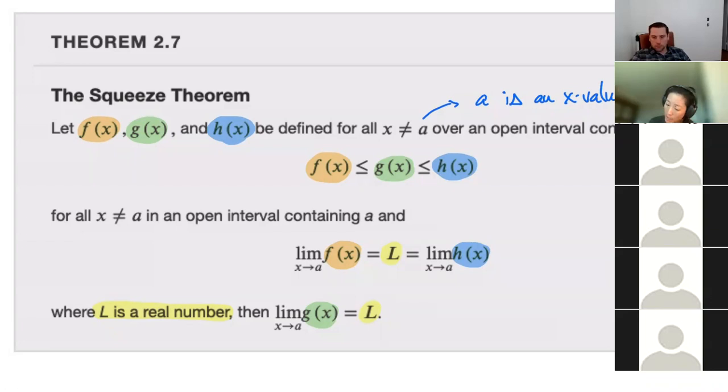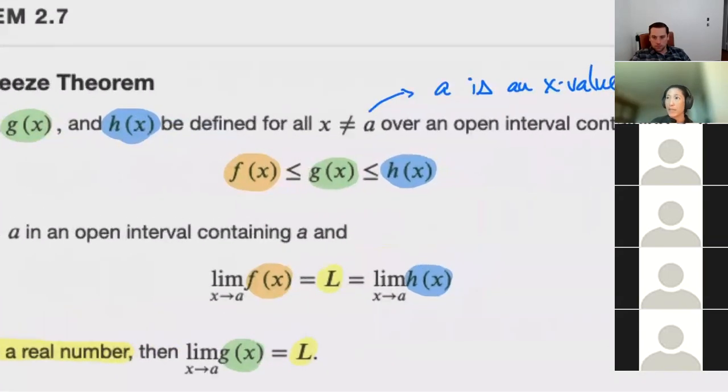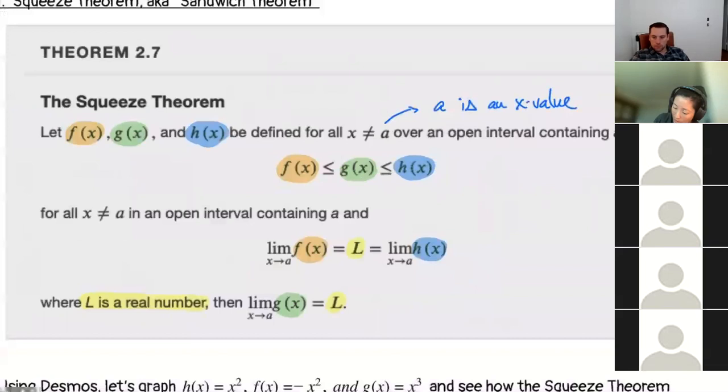And so if we want to make this more friendly terminology for ourselves, we have a sandwich happening here. If we know that they're in order, f of x, g of x, h of x, which function or functions would represent the bread of your sandwich?